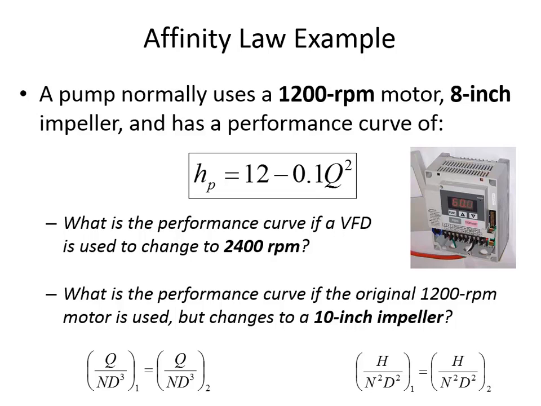So ultimately what that leads to is H2 is 48, because we've got the 12 divided by 0.25, minus 0.1 Q2 squared. So this is the new pump performance curve for the pump at 2400 RPM.